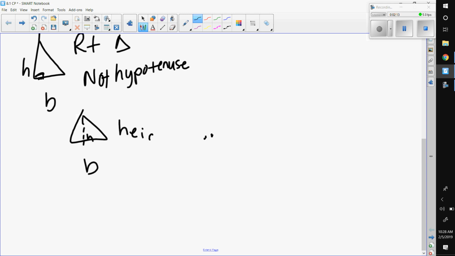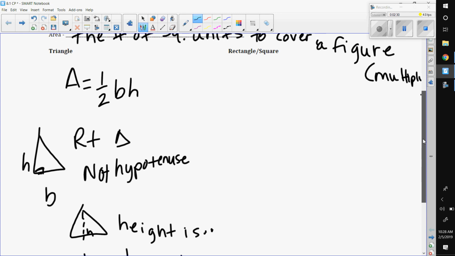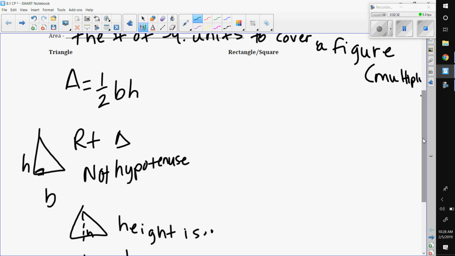So height is perpendicular to the base. That's always going to be true, so you want to be looking for that as you are looking for the height of the triangle.